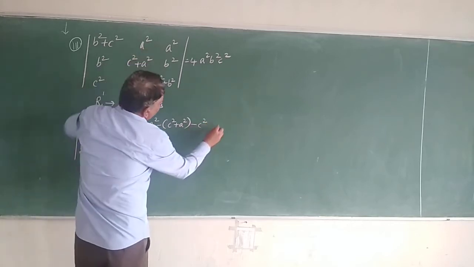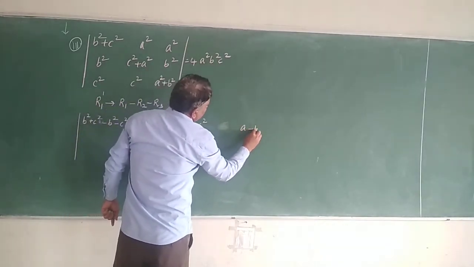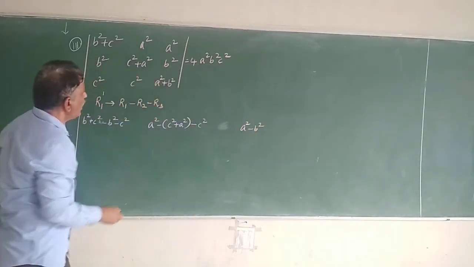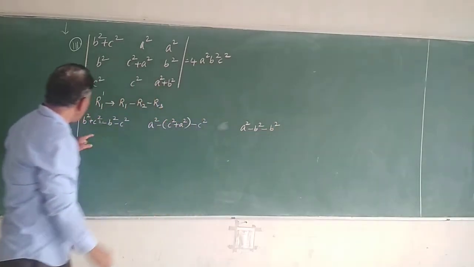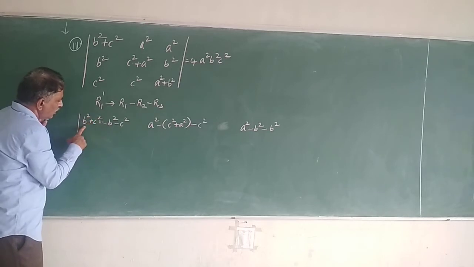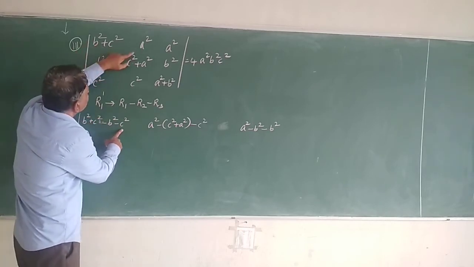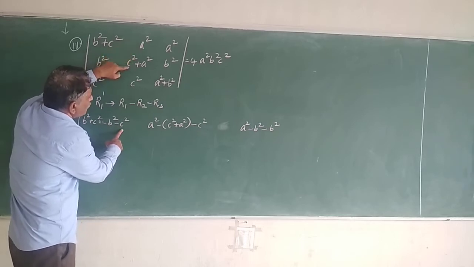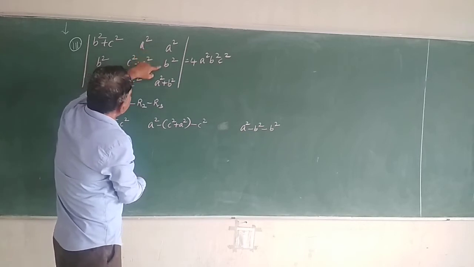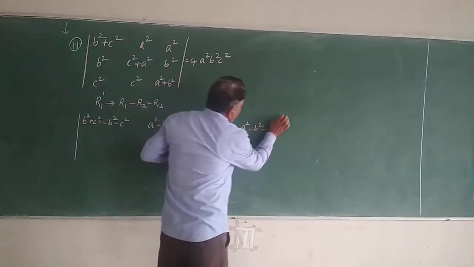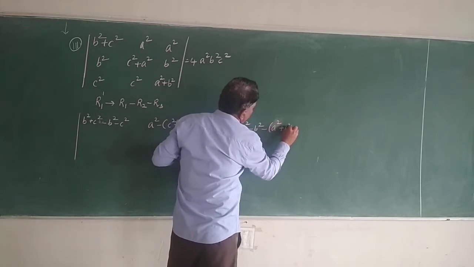Next, A square minus B square. Okay, I am subtracting with the B square. So similarly A square, subtraction of this one. Then A square minus B square minus of A square plus B square.